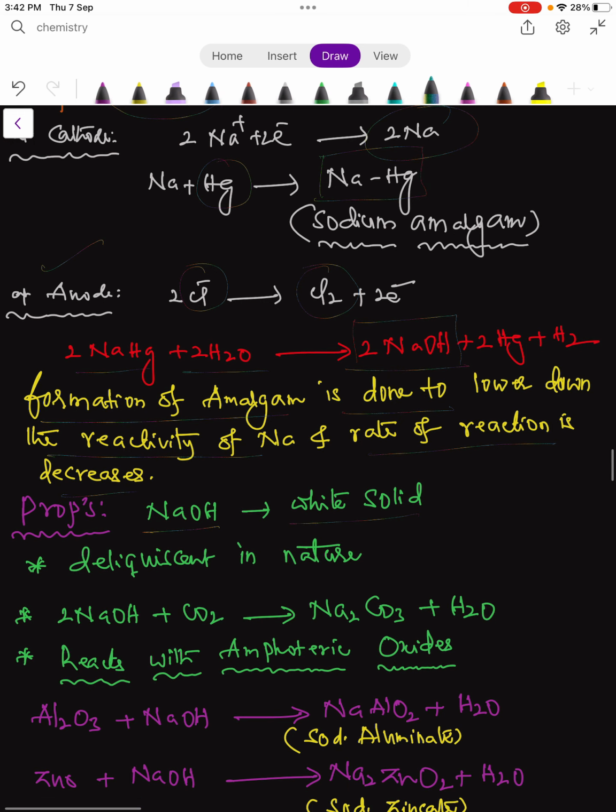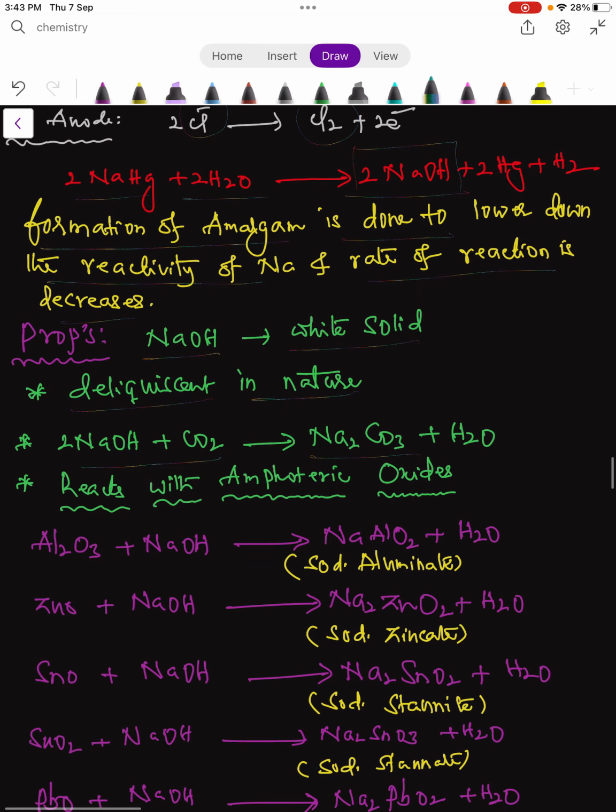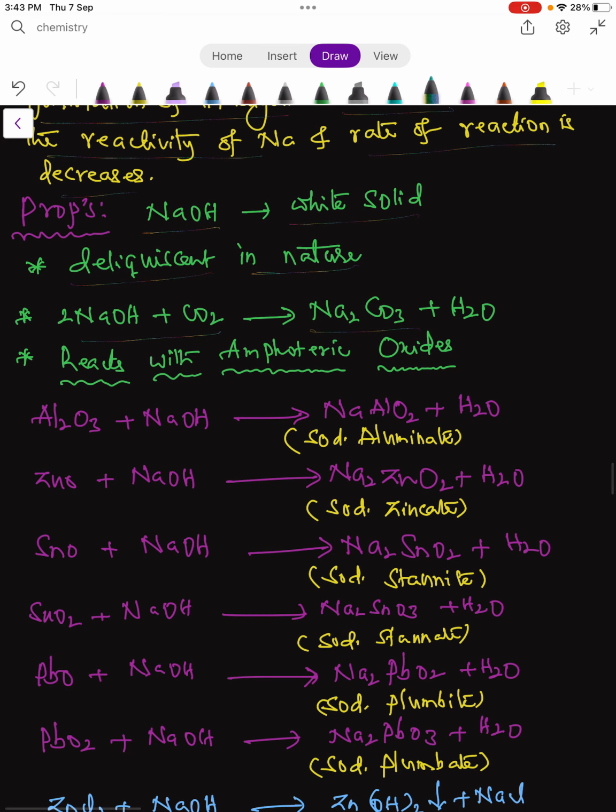Sodium hydroxide is a white solid and is deliquescent in nature, meaning it absorbs water, and when it reacts with carbon dioxide, carbonates are formed. It also reacts with amphoteric oxides like aluminium oxide, zinc oxide, tin oxide SnO2, and lead oxides. With amphoteric oxides, this base forms different types of compounds.